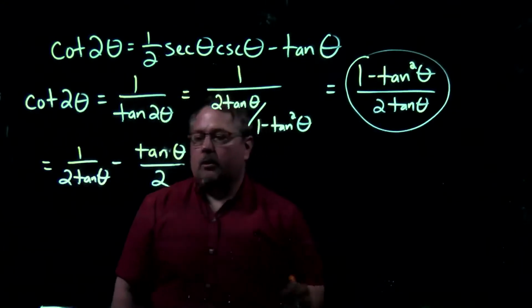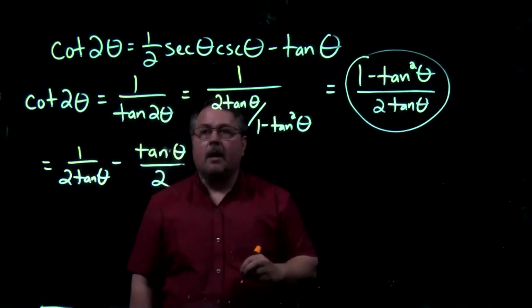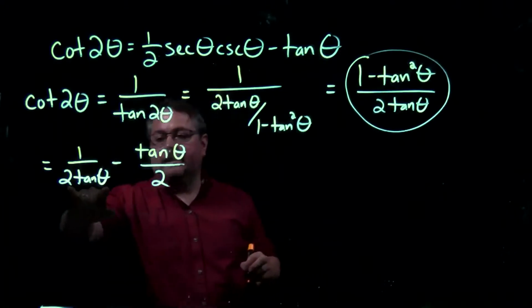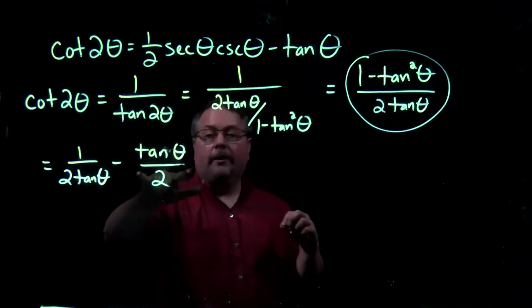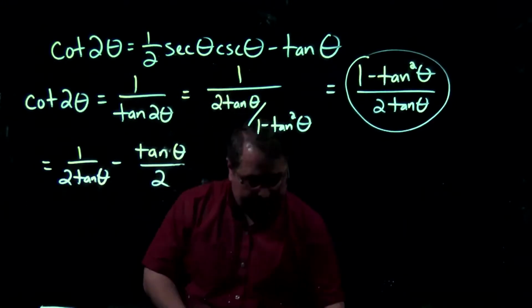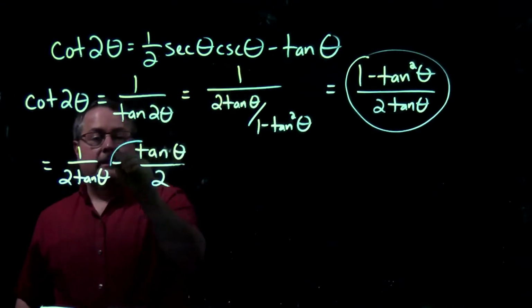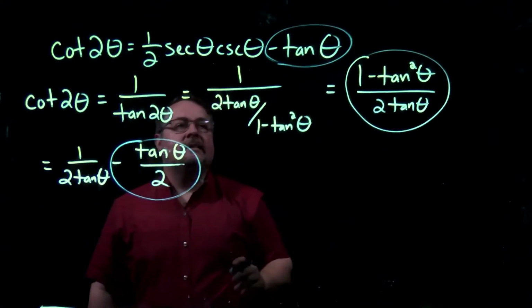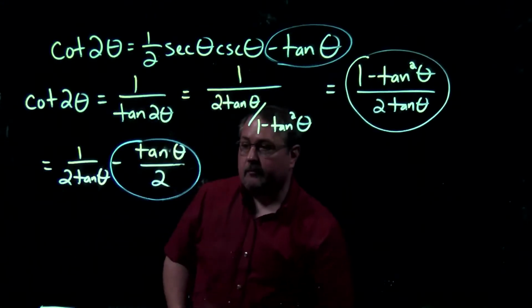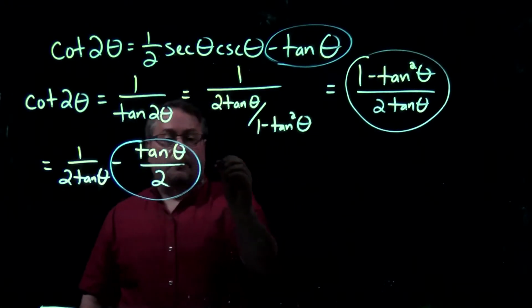All right, so now we're getting close to where we need to go. So we need to handle this first term at some point. But note that we're pretty close with our second term. So we have a minus 1/2 tangent theta. We want a minus tangent theta. So that's going to be easy enough for us to manage.